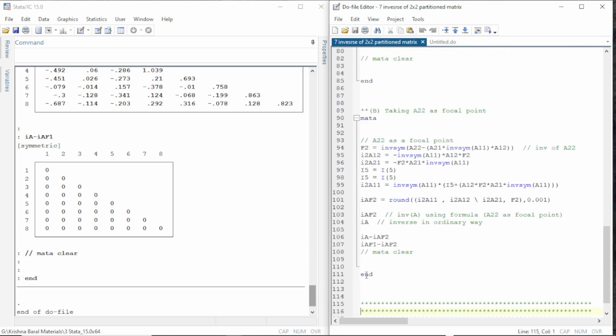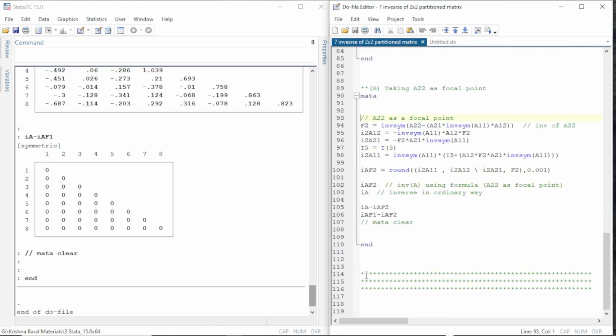Now let us calculate the same, but this time we are going to consider A22 as our focal point, and we are going to calculate the value of F2. F2 is equal to the inverse of A22 minus A21 into A11 inverse into A12. Similarly, we calculate the respective values for positions 1,2, 2,1 and 1,1.